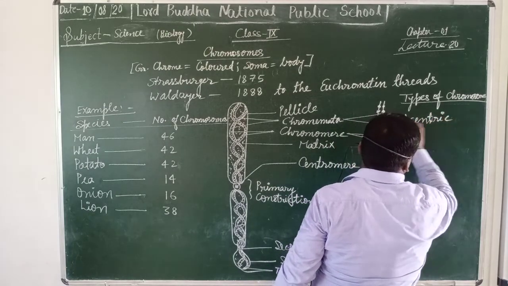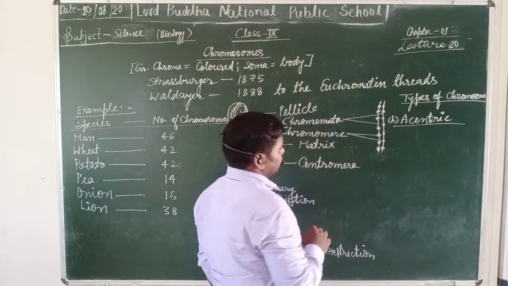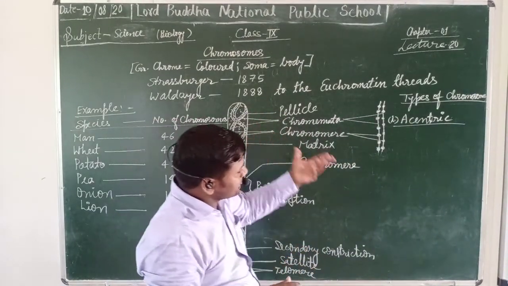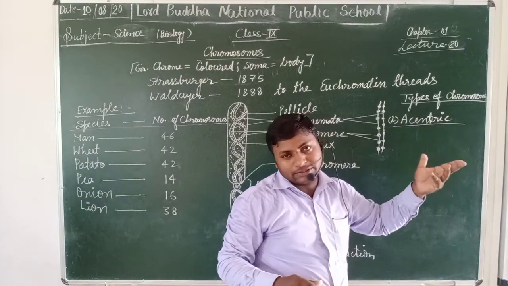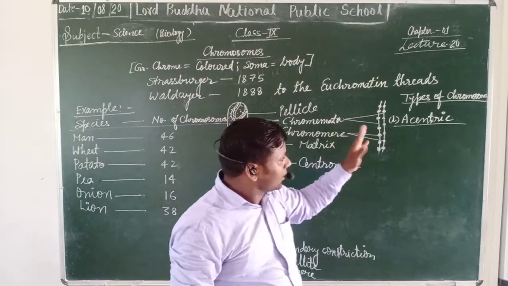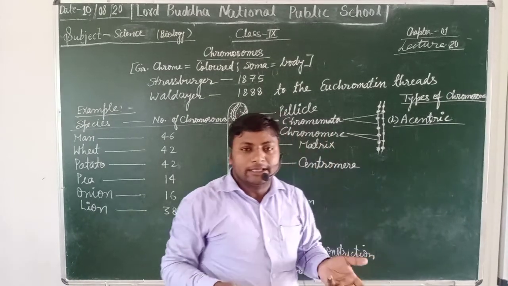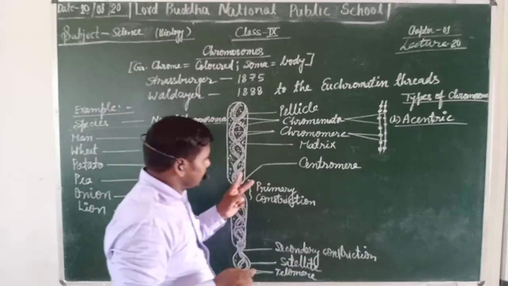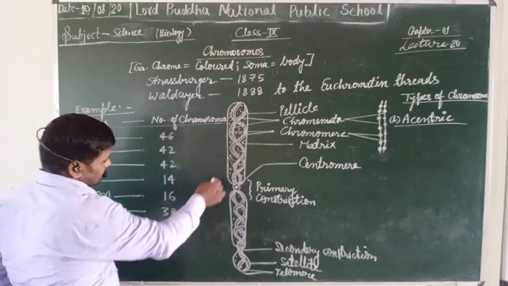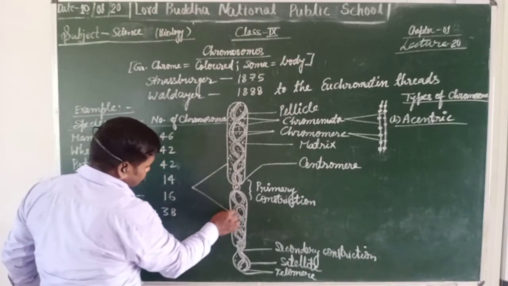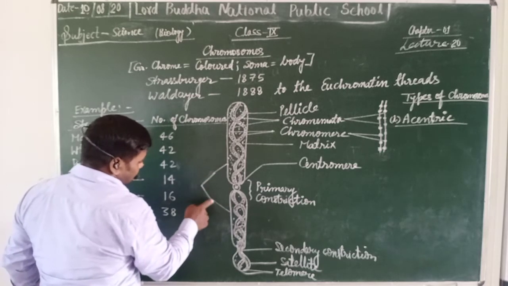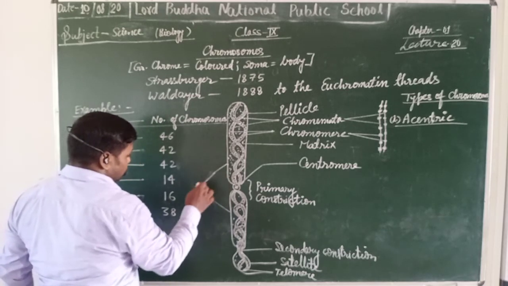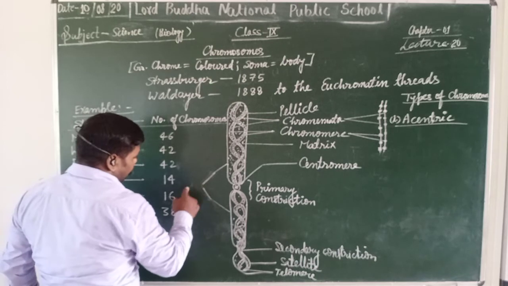There is one thing more important to understand, that is how the characteristics and the types of chromosomes are classified, on what basis, and how their names get changed. Two things are important. First, these structures, the arms of the chromosome, are called chromatids.